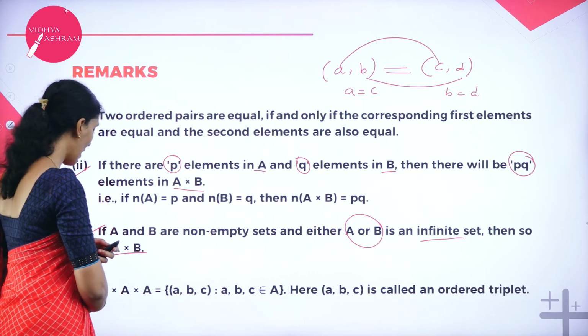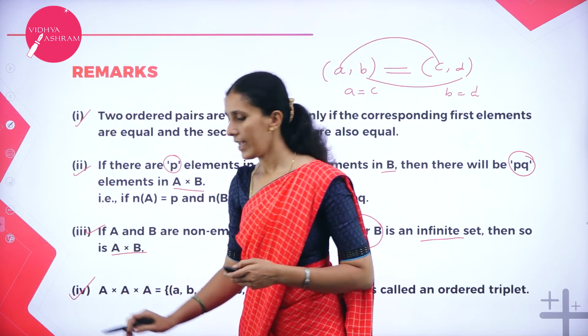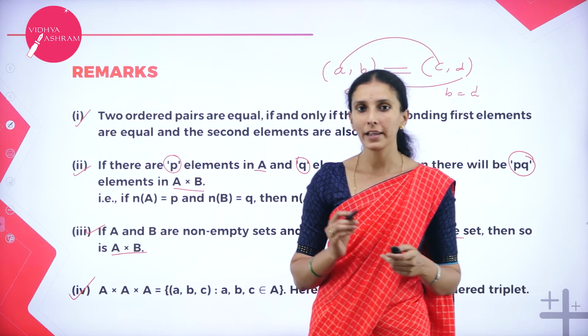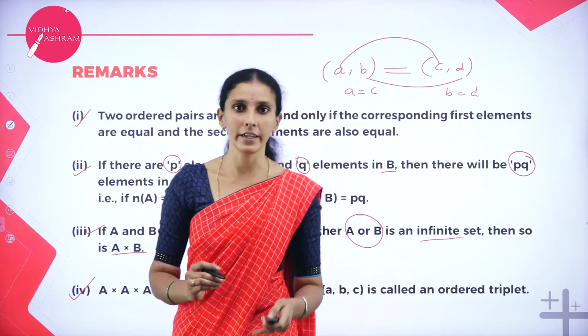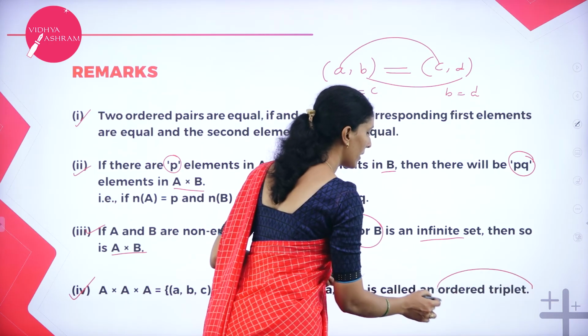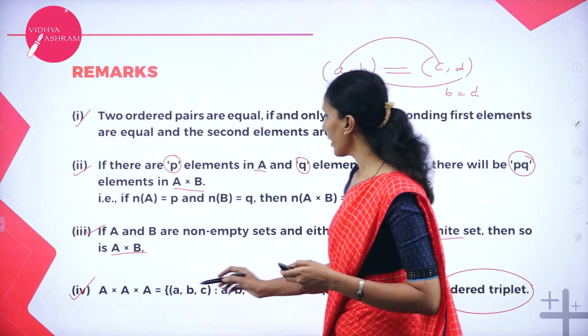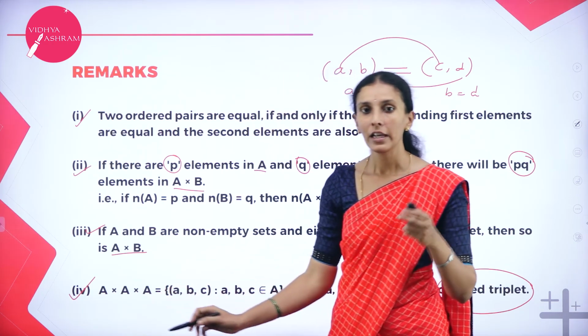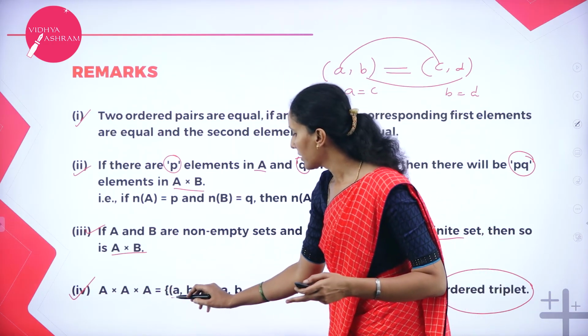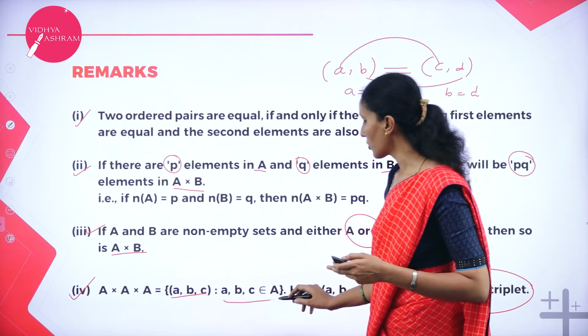Next, here we have one more, A cross A cross A. That is, we are pairing the same set 3 times. Then it is called an ordered triplet. So if you have A cross A cross A, then you have 3 elements in an ordered triplet, and all the elements belong to the same set.